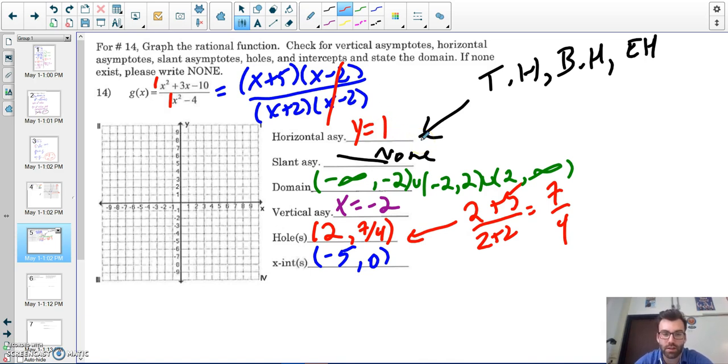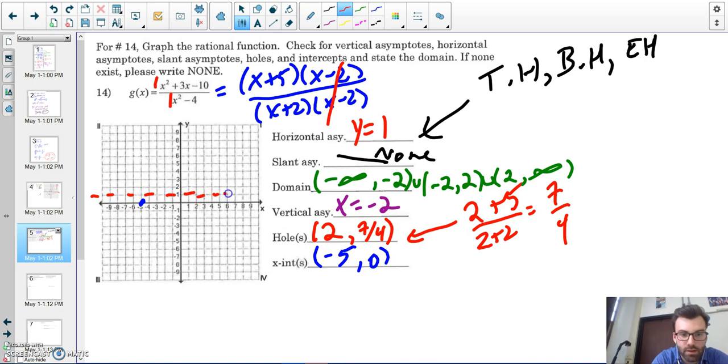Now I want to take all this stuff and graph my important information. I have -5, 0 as an x-intercept, so I'm going to graph that. I have y equals 1 as a horizontal asymptote. I have x equals -2 as a vertical asymptote.